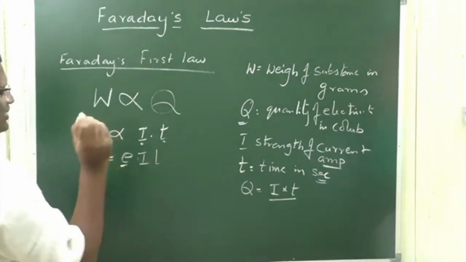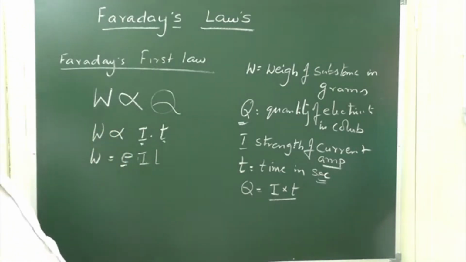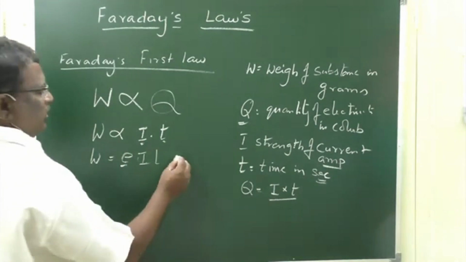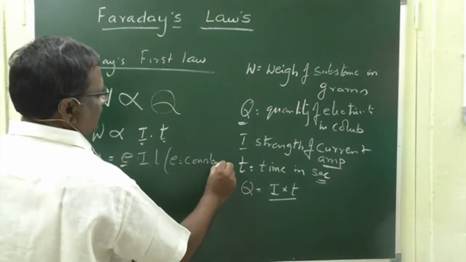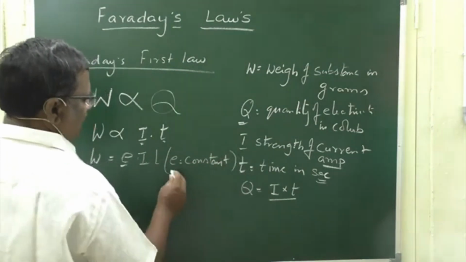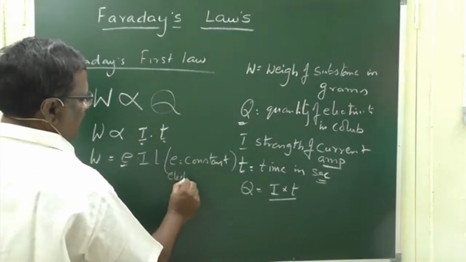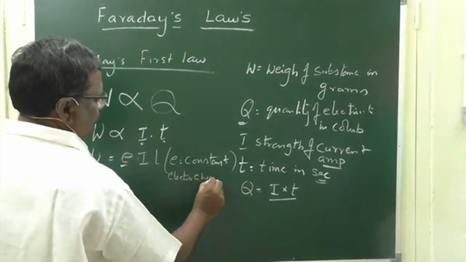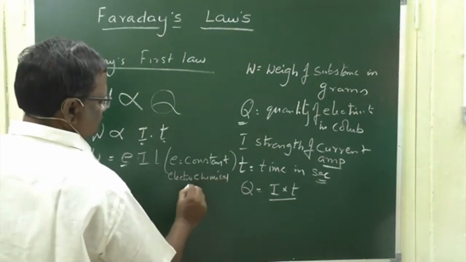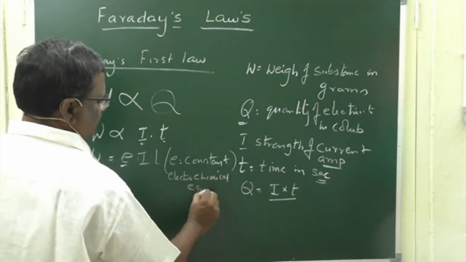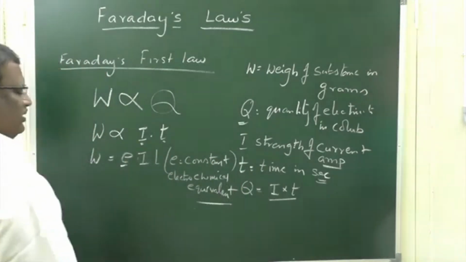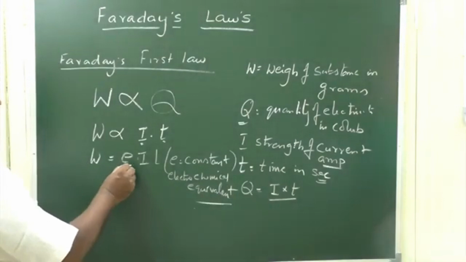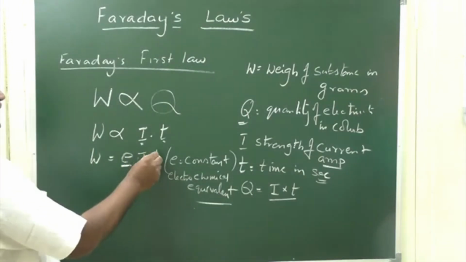This small e is a constant. It is called the electrochemical equivalent.